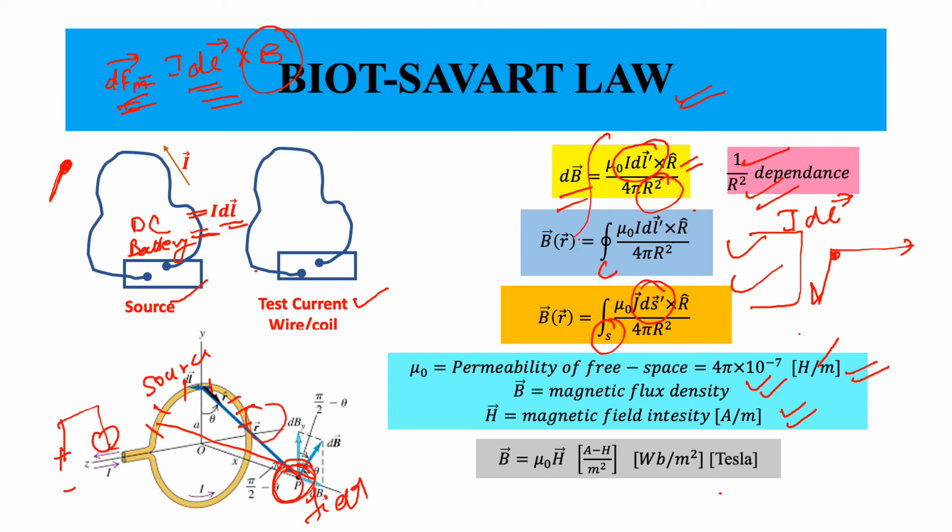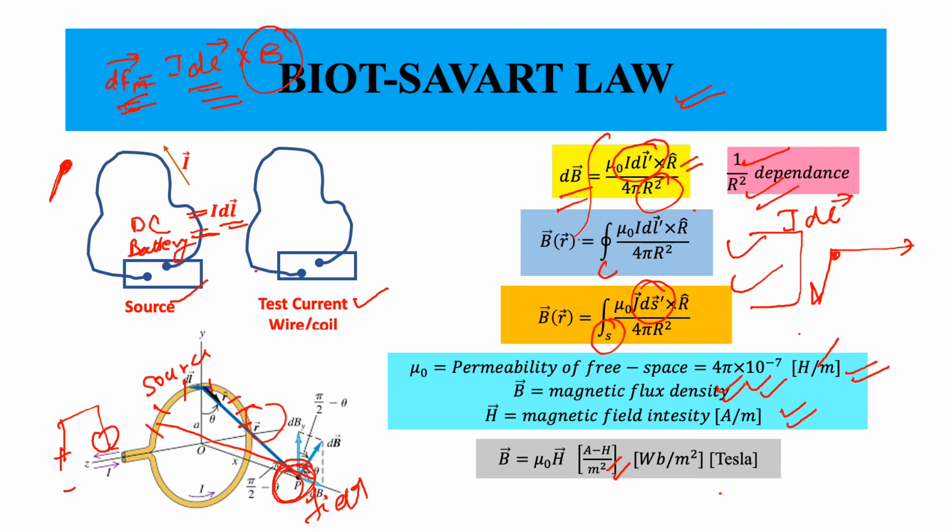So B is measured as ampere Henry per meter square. Thank God at least there is a per meter square here, indicating some sort of density vector, which is what we have called magnetic flux density.